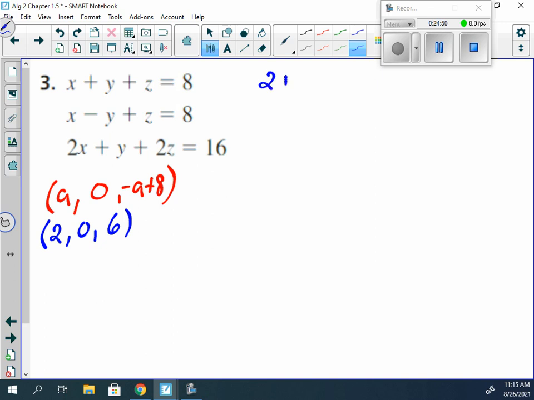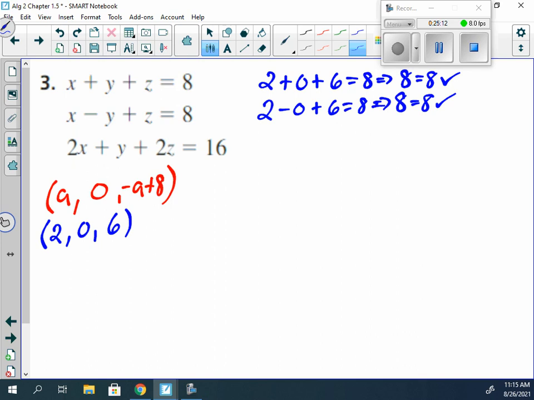So it would be 2 plus 0 plus 6 is equal to 8. Well, 2 plus 6 is 8. 8 is equal to 8. Okay? 2 minus 0 plus 6 is equal to 8. Well, 2 minus 0 is 2, and 2 plus 6 is 8. 8 is equal to 8.